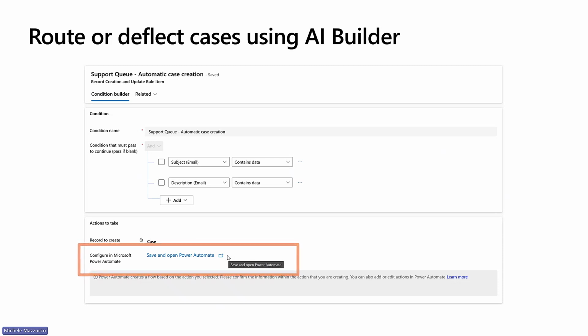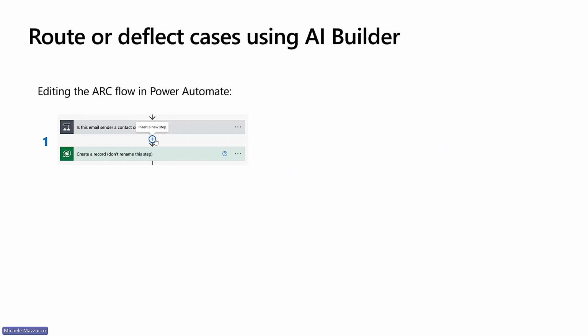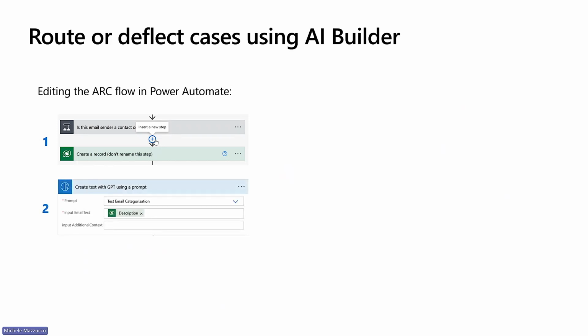These rules are implemented with the Power Automate flow, which is created automatically by the system. Now, some parts of the generated flow must not be changed. However, we are free to add some additional steps before the case creation step. We can then use the built-in AI Builder connector and add a new action to the flow and execute the previously created prompt by passing the email text as an input.